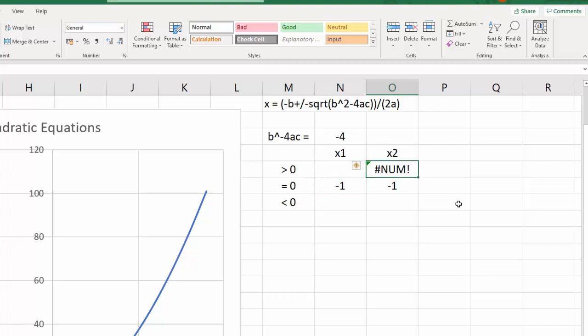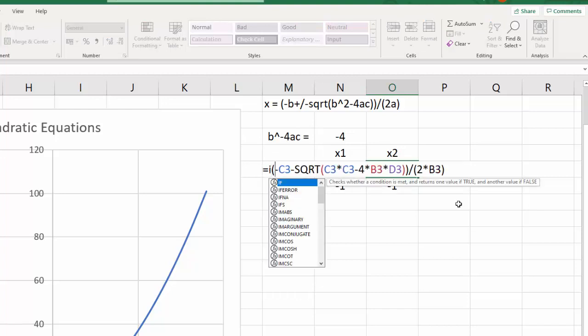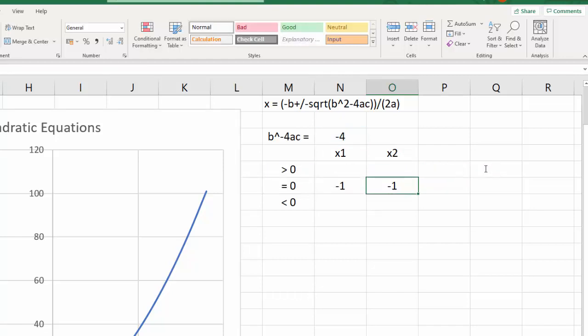Now let's do the same for this value here. So it's F2, so I'm going to say if b squared minus 4ac is greater than 0, comma, then we calculate the bracket, otherwise leave it blank, close the bracket and enter.